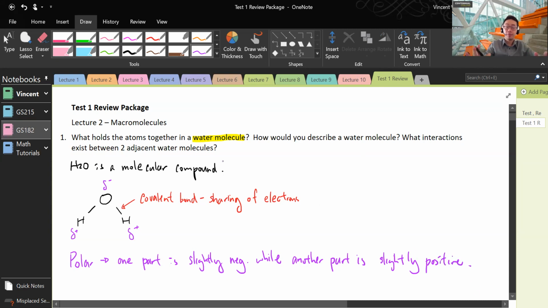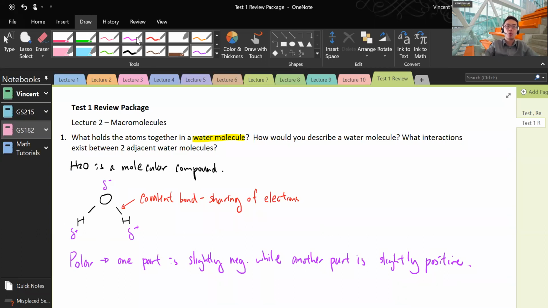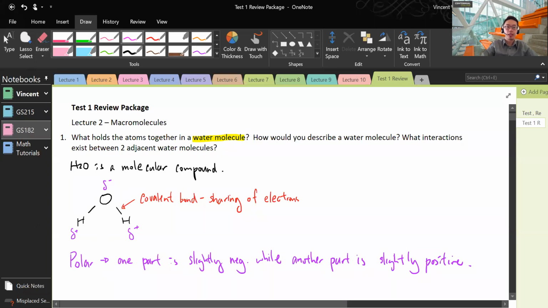However, it's very important to know that this uneven distribution of electrons causes it to be polar, yet the entire molecule is still going to be neutral. Neutral means no excess or deficit of electrons. So I would say the water molecule is polar as well as neutral.